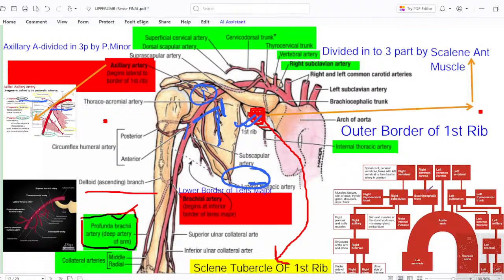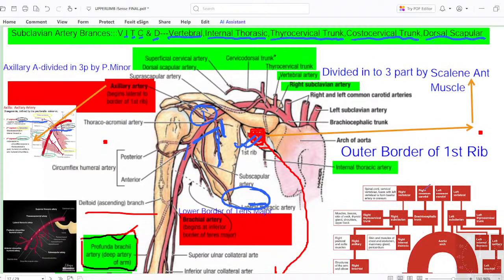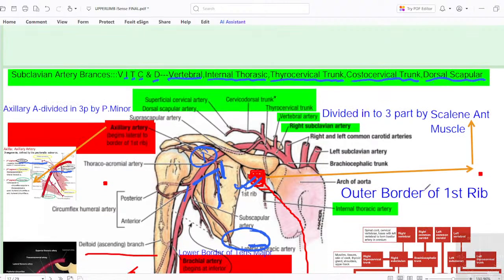Branches of the subclavian artery. Both of you can just tell the names, so it will be your revision. What are the branches of the subclavian artery?